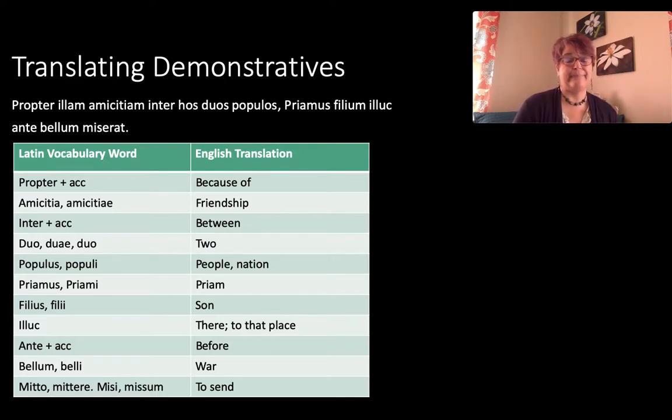What's the sentence say? Propter illam amicitiam, because of that friendship, inter hos duos populos, between these two peoples or nations, Priam miserat, had sent, filium, his son, illuc, there, or to that place, antebellum, before the war.